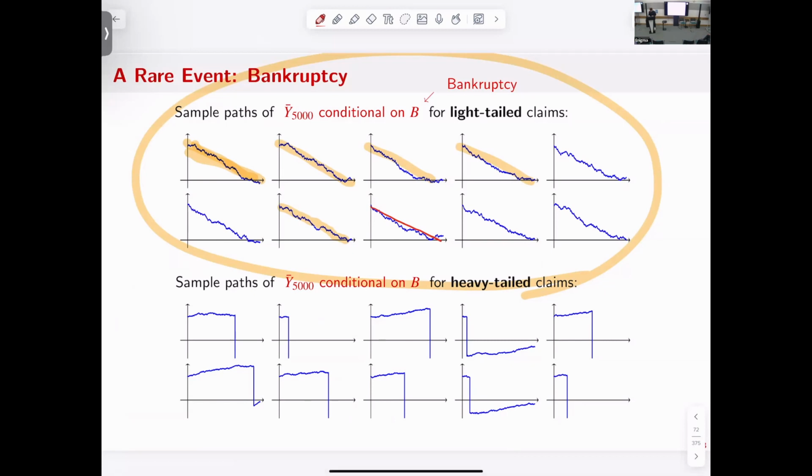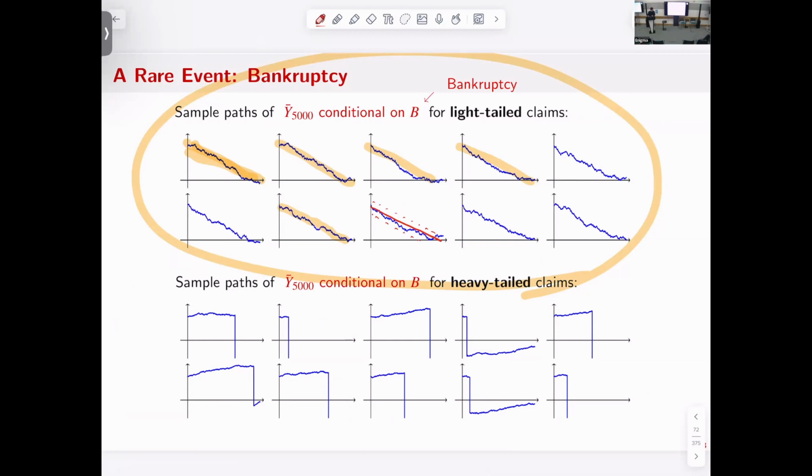If you make it slightly larger, so you consider a cube around this, the conditional probability that the scenario deviates from this cube goes to 0, conditional on this event, the bankruptcy.